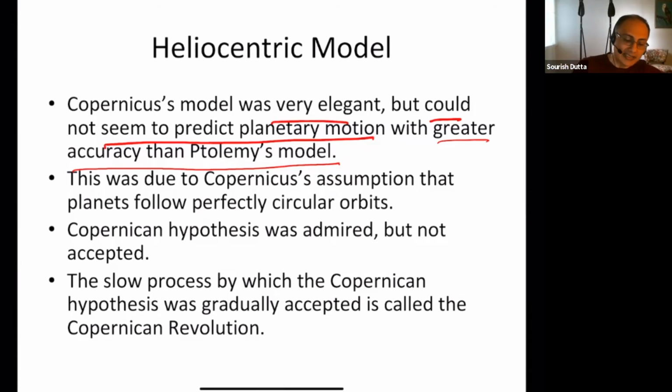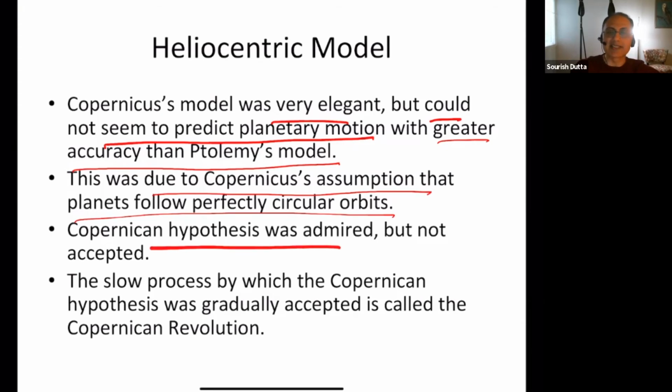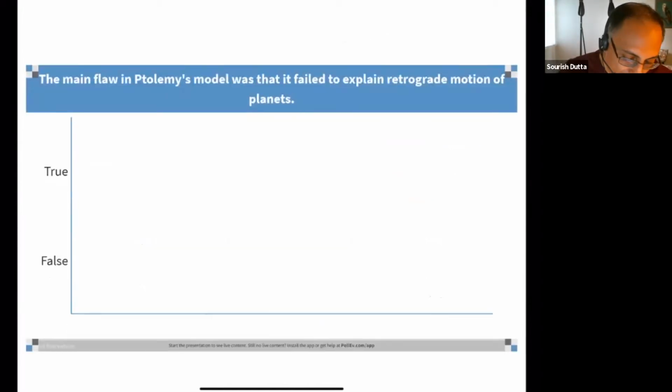This was due to Copernicus's assumption that the planets follow perfectly circular orbits, which is not true. The Copernican hypothesis was admired, but it was not accepted by people. The slow process by which the heliocentric model was gradually accepted is called the Copernican revolution.